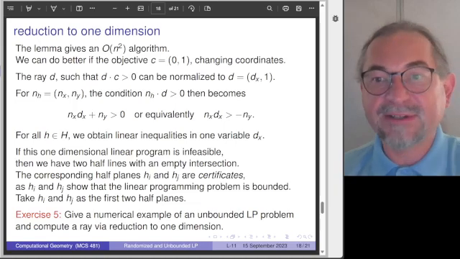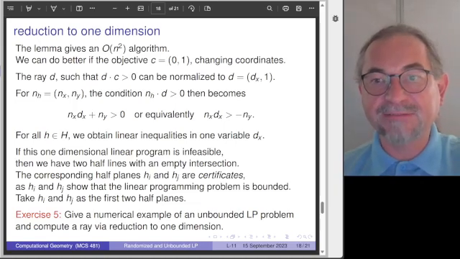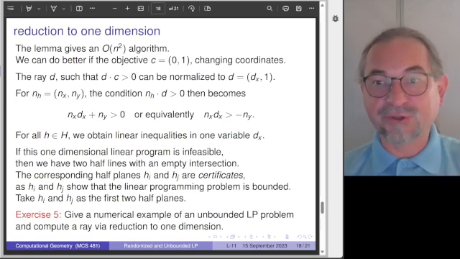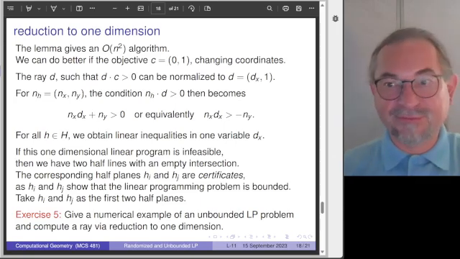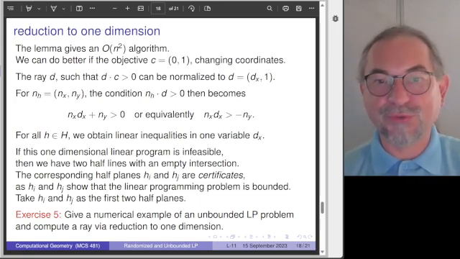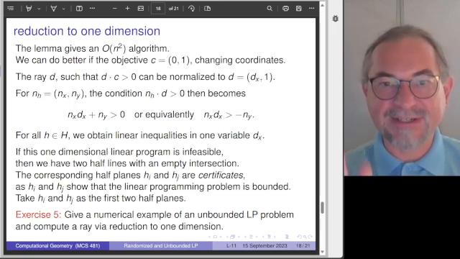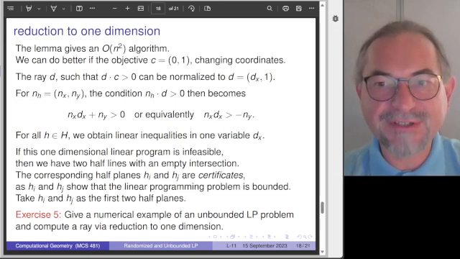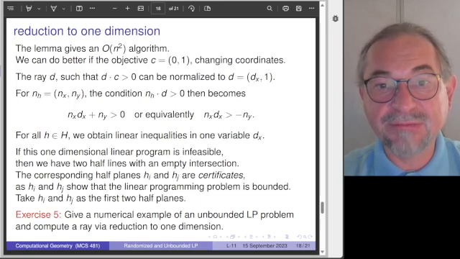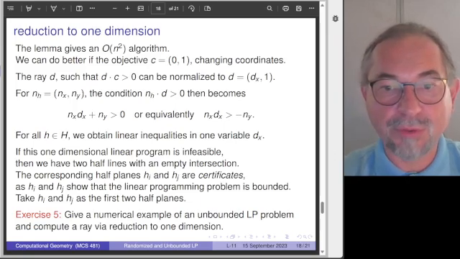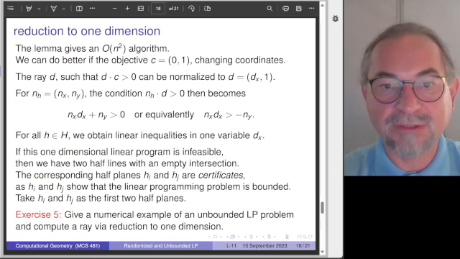In some sense this was already a little bit suggested: if our objective is the vertical upward pointing normal, and we can always do this by orienting our polygon in such a way, or changing coordinates, so that the coordinate axis is parallel to the objective. Then actually we do have a linear program in one dimension.